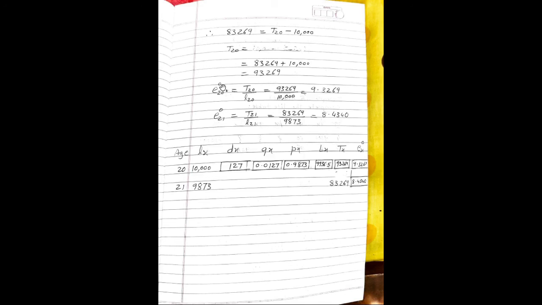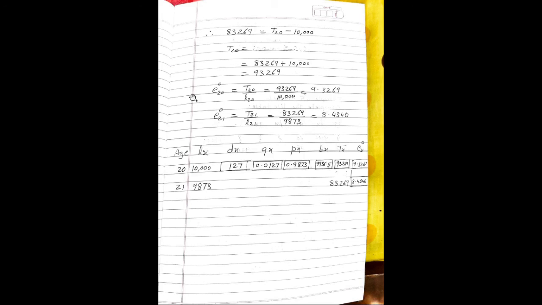Then E20 we have to calculate, which is nothing but T20 upon L20. So 93,269 divided by 10,000. The answer is 9.3269. E21 is equal to T21 divided by L21, which is 83,269 divided by 9,873. So the answer is 8.4340.